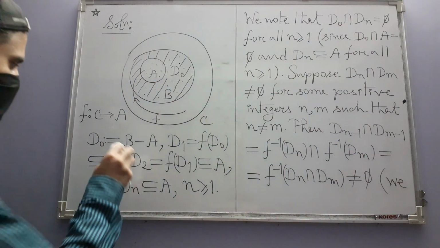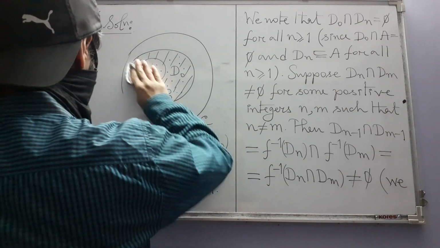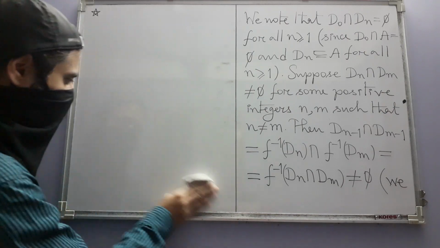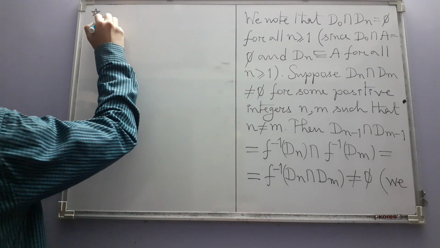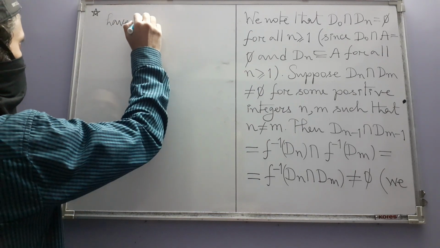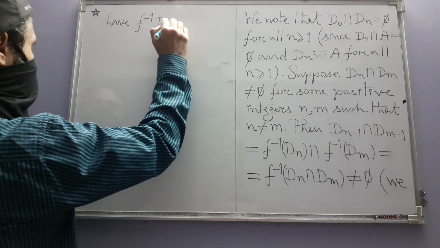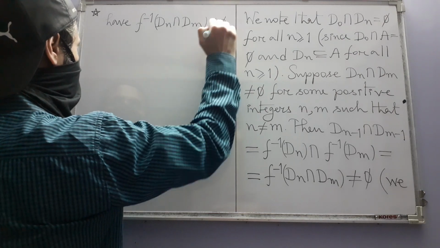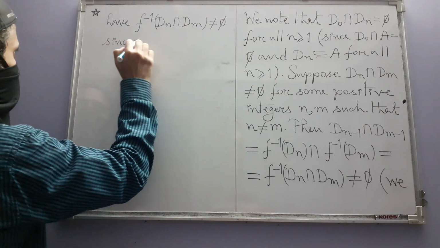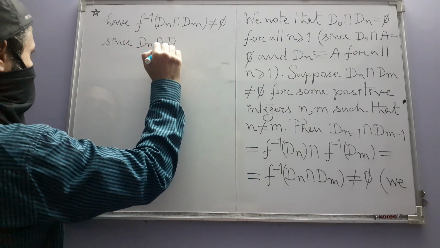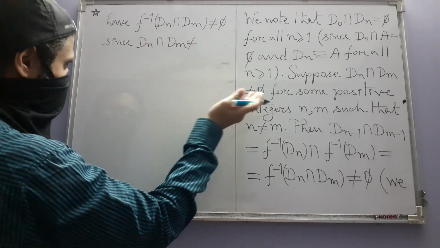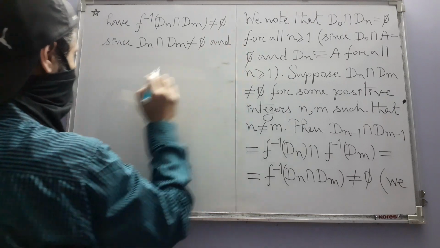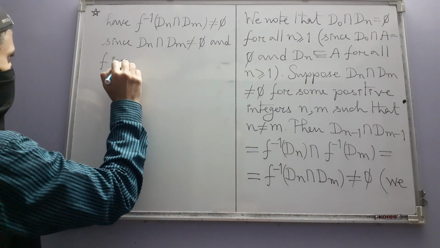We have non-empty since Dn intersection Dm is non-empty, because that's coming from our supposition, and f is surjective.